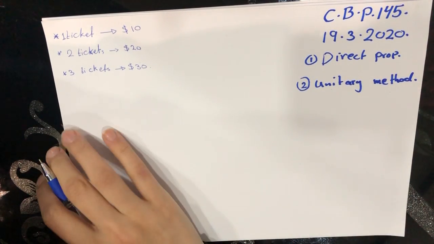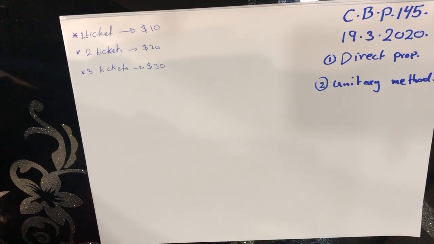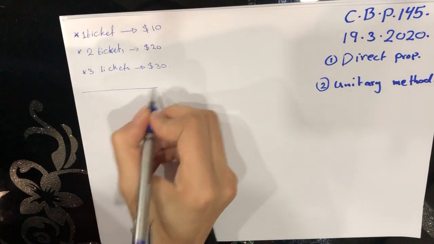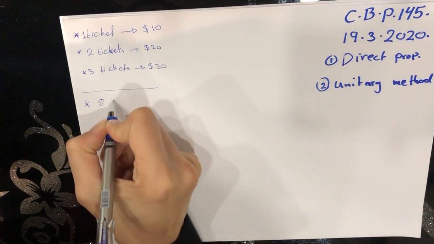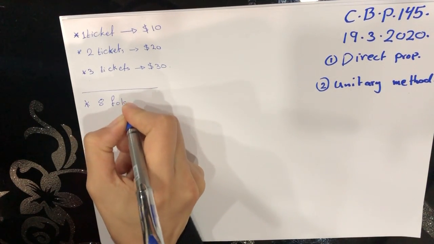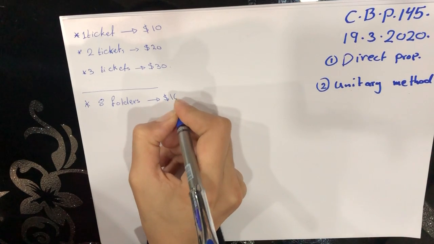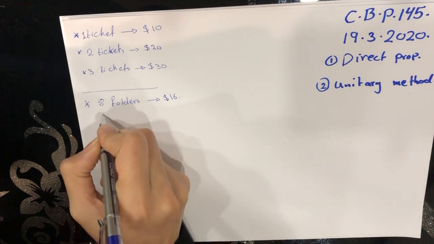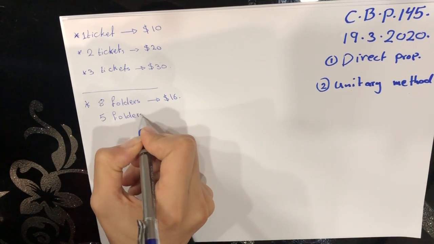If you look at your course book, page 145, you will see an example. This is the worked example in your book. 8 folders cost $16. I am asking you to find the cost of 5 folders.